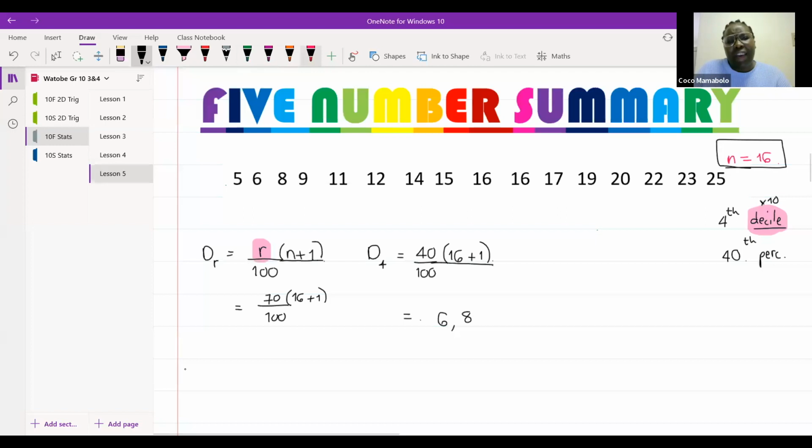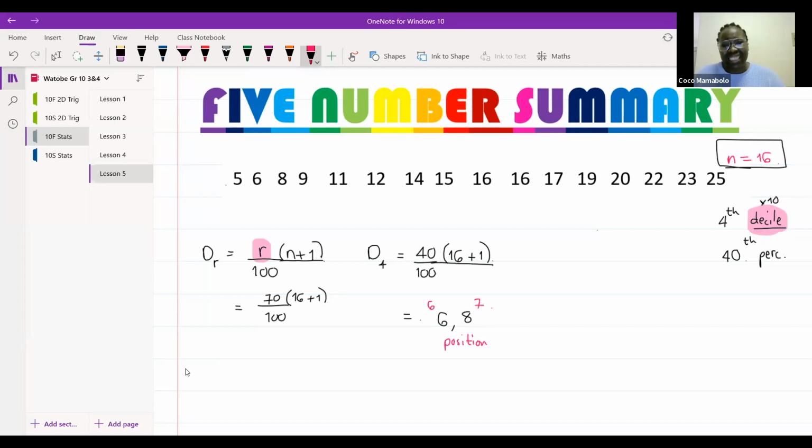So Mamelo, if I've got 6,8, which two positions do I need to look between for my 40th percentile? We should count until we reach 6, ma'am. Position 6 and 7. Beautiful.